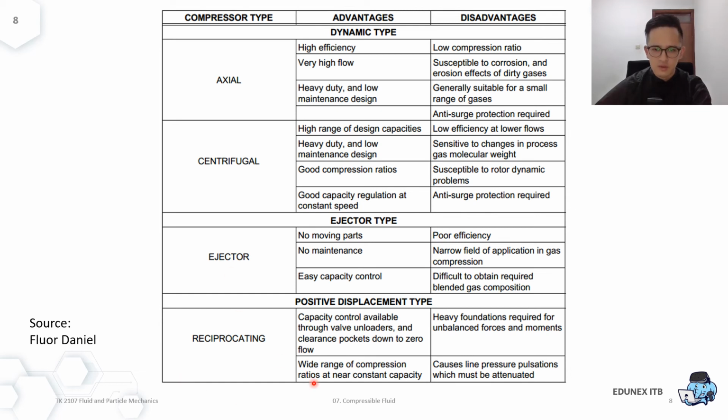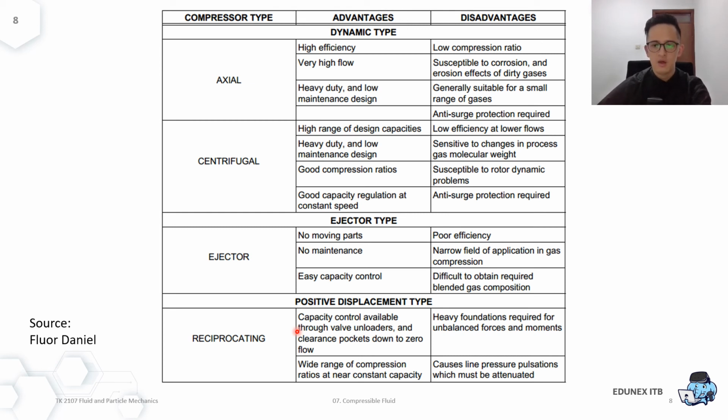And then this is for the PD or the reciprocating compressor. It has a wide range of compression ratio, so this is like the opposite of the axial and the centrifugal compressor. You will be able to find reciprocating compressors up to maybe 10 to 11 or even 12 compression ratio. That means from 1 to 12 bar within one single stage.